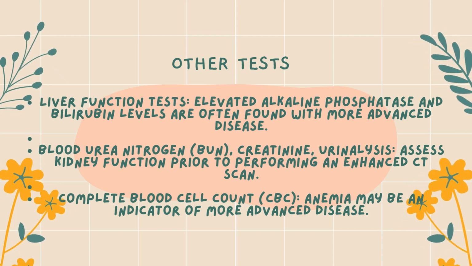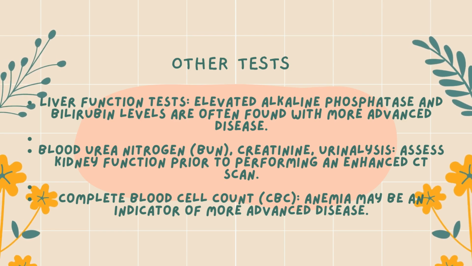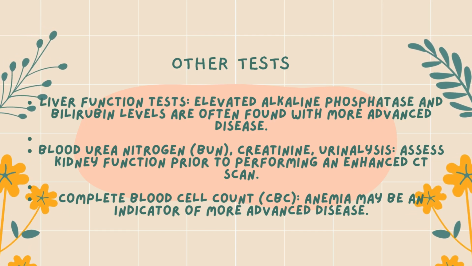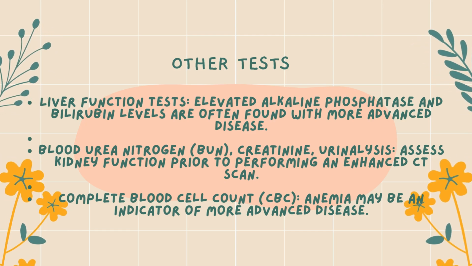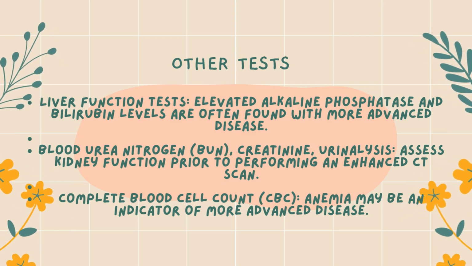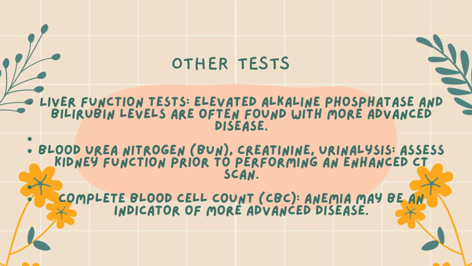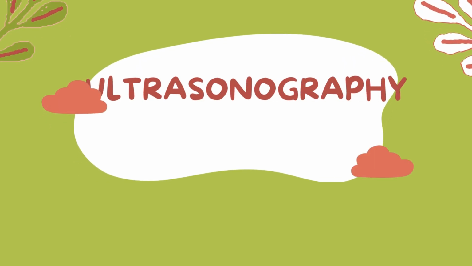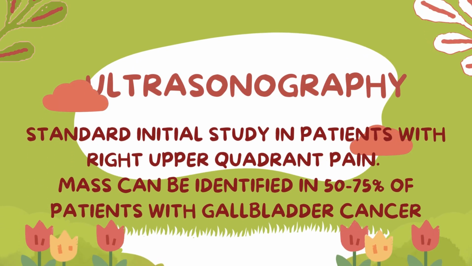Blood urea nitrogen, creatinine, and urine analysis assess kidney function prior to performing a CT scan for further investigation. LFTs, elevated alkaline phosphatase, and bilirubin levels are often found in more advanced disease where the tumor is causing biliary obstruction.